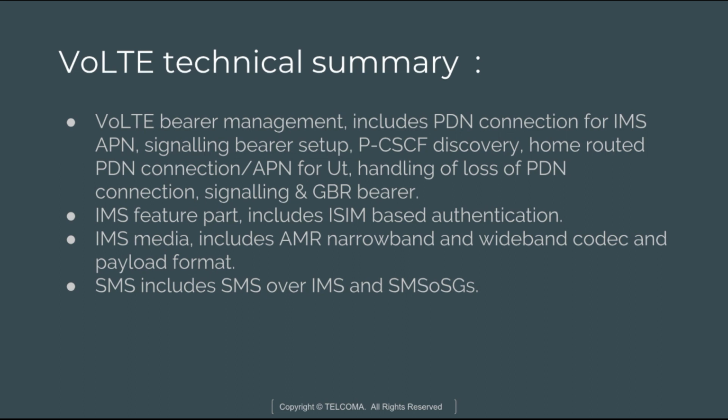Here we can have USIM fallback, IPsec protection of signaling. IMS media includes AMR narrowband and wideband codec as well as payload format, RTP profile, data transport, RTP usage and jitter buffer management. Here we can have SMS, which includes SMS over IMS and SMS over serving gateways.